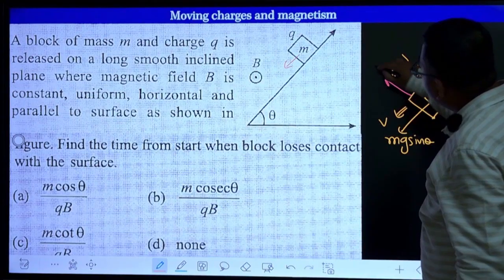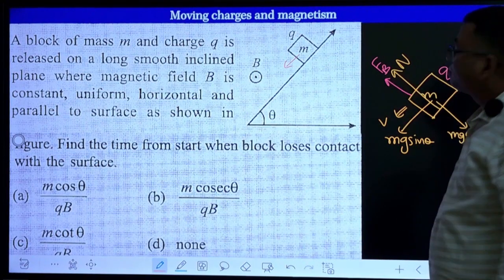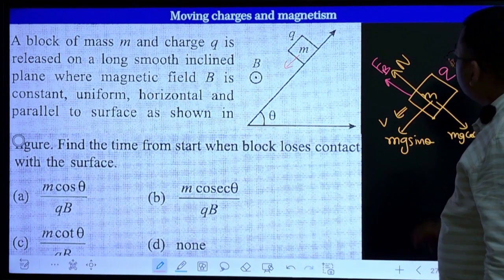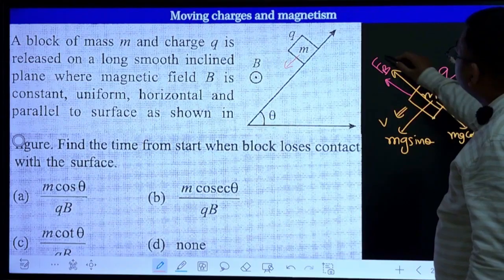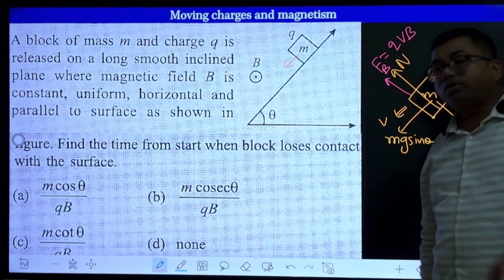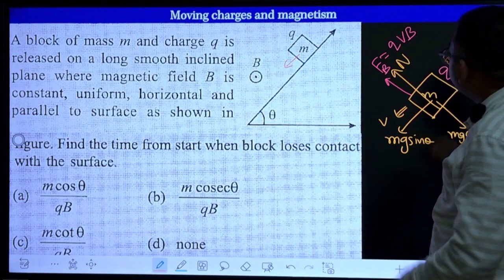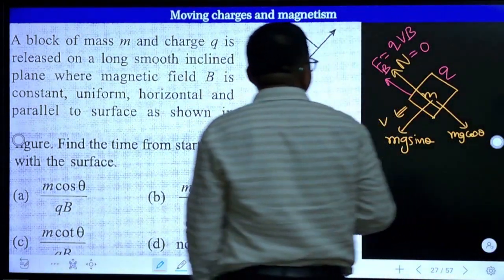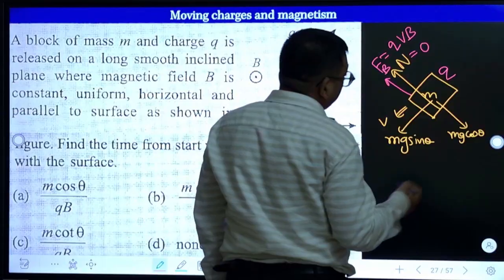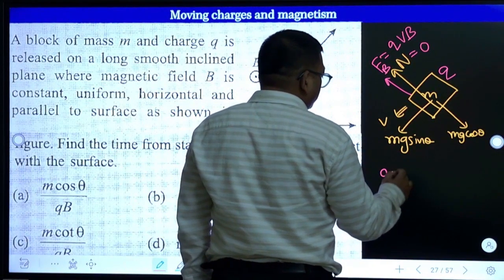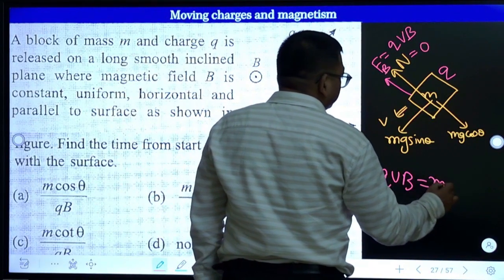So the magnetic force is acting this way, and v is this way, and the magnetic field is perpendicular, so the magnitude is qvB, right? The question is, when it comes out, the normal becomes 0, almost going to come out. So normal becomes 0 means what? That means this qvB has to balance mg cos theta.